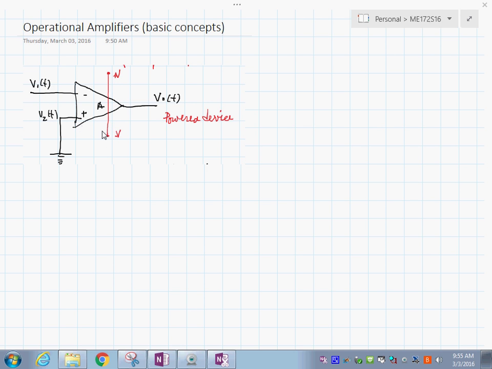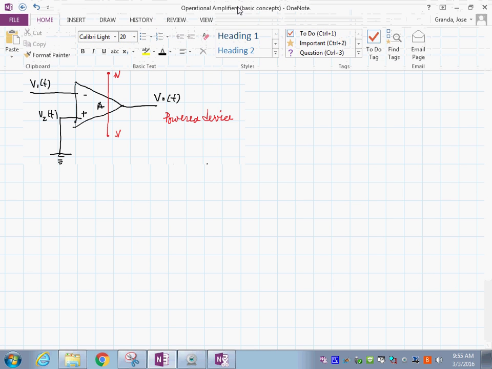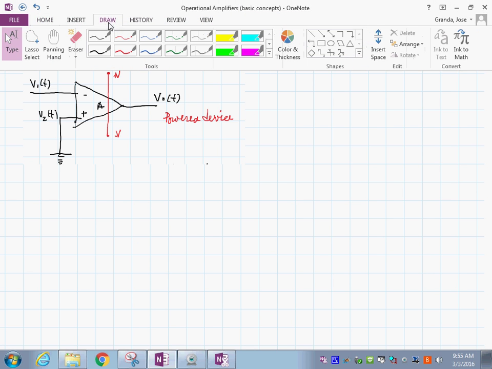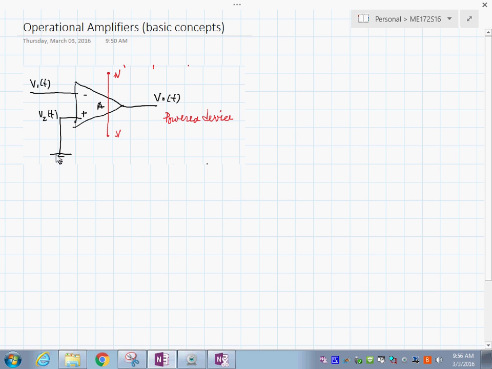Or to make it more clear, you could say that the voltage V sub 2 is the basic voltage here for this voltage difference that we are putting into this element as an external power.